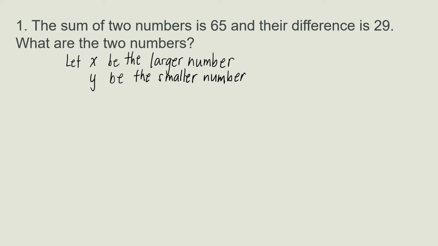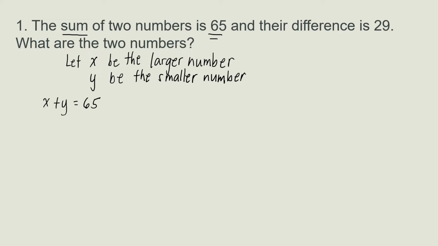Let's read again a part of the first sentence: the sum of the two numbers is 65. So if we add the two numbers, the answer will be 65. The two numbers are x and y, so we will have x plus y is equal to 65.